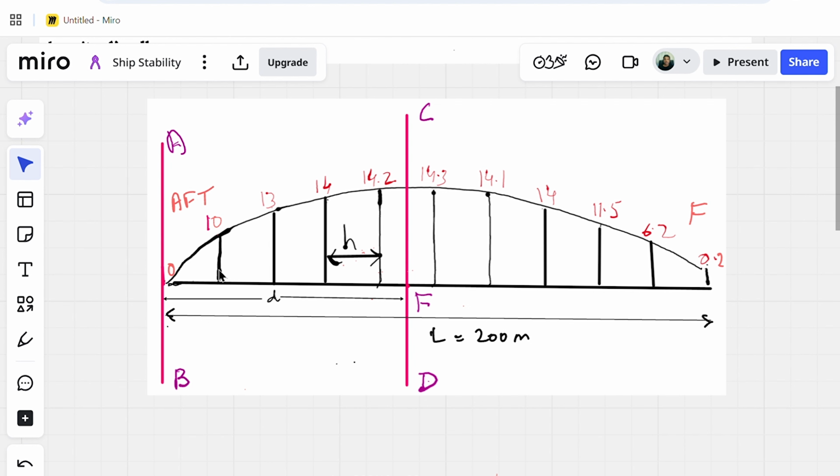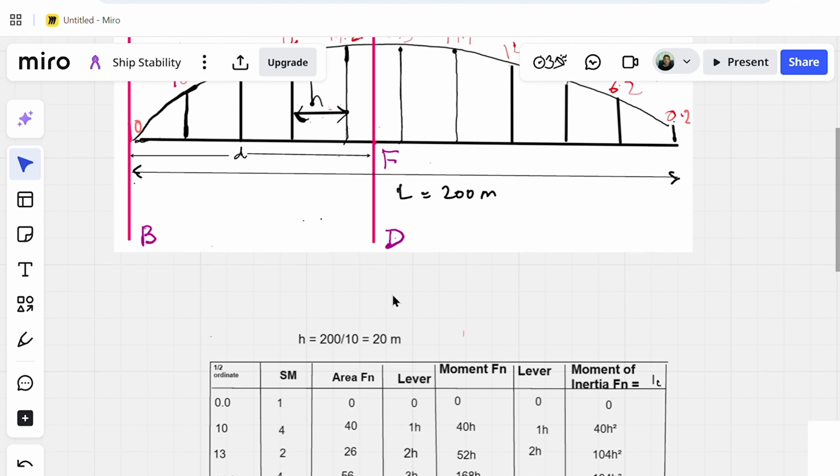So for each ordinate, we can find the lever for taking moments from the aft axis AB. And since both axes AB and CD are parallel to each other, with the help of the parallel axis theorem, we will find the moment of inertia about axis CD.